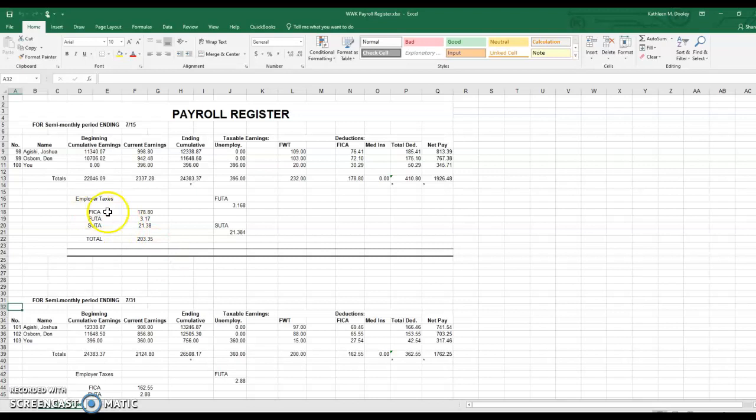Now, again, the FICA is going to go into FICA payable. And I believe there's a FUTA payable and a SUTA payable. So those will all be credited. Whitewater Kayaks owes those out. And then you would debit the payroll tax expense for the total of $203.35.